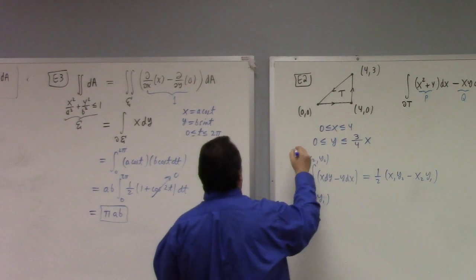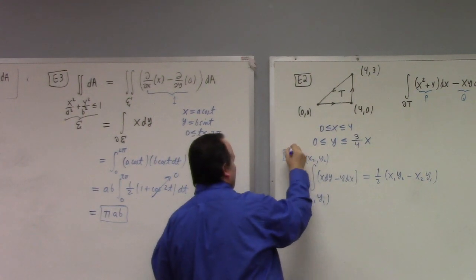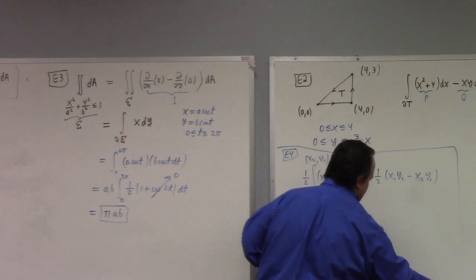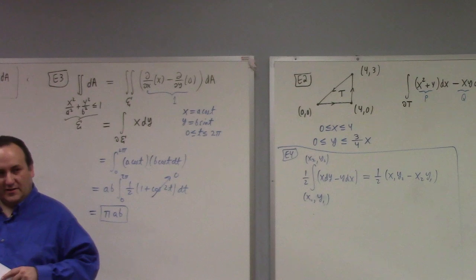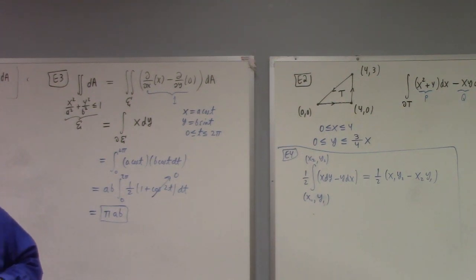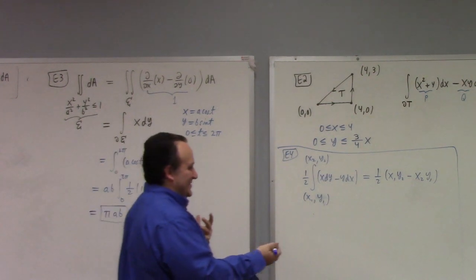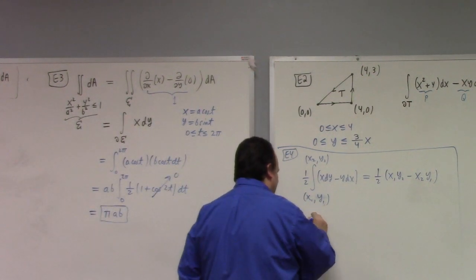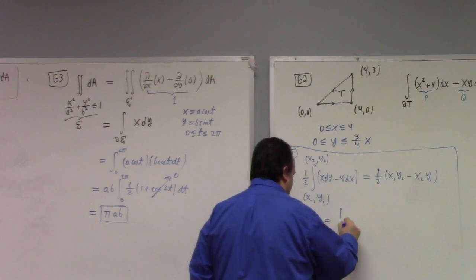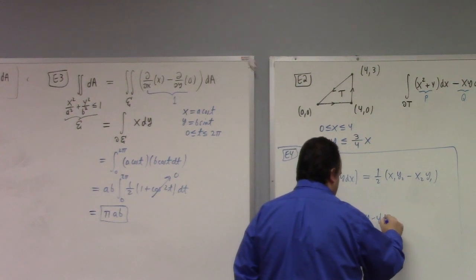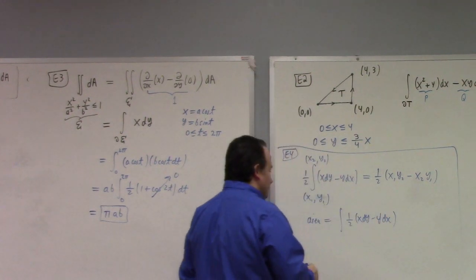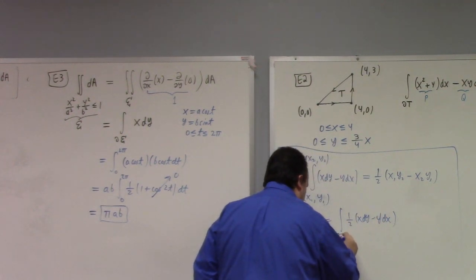So like here's example 4. This is a simple exercise. You can work out that the integral over the line segment of that vector field is that. But Green's theorem says what? Green's theorem says that the area is also equal to the integral of 1/2 x dy minus y dx over the boundary of the region.